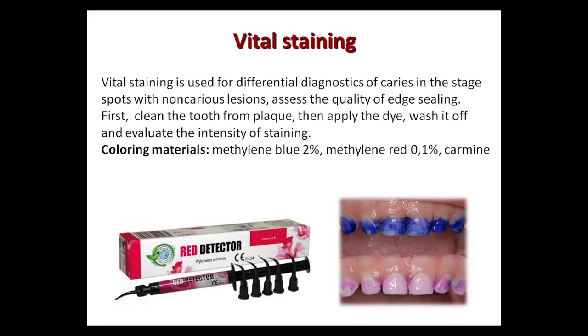First we should clean the tooth from plaque and then apply the dye, some color. Then wash it off and evaluate the intensity of staining. First clean the tooth, then dry a little bit, then apply the color, then wash it off and estimate.